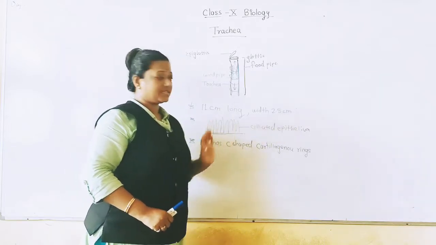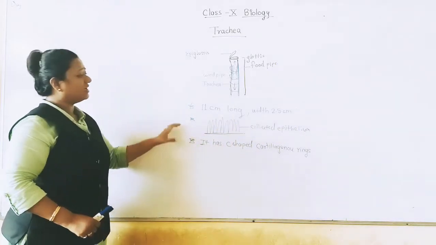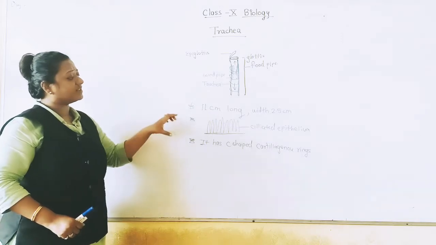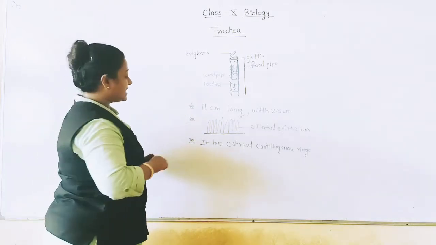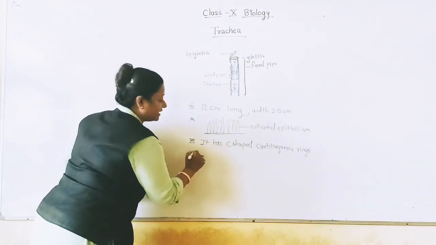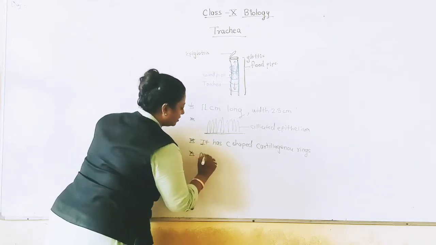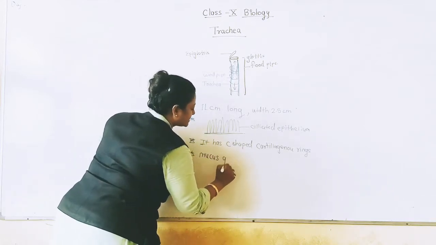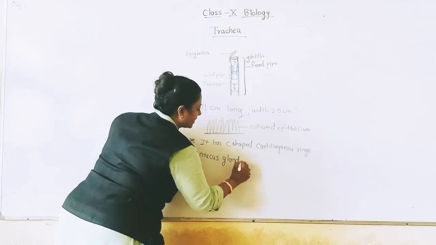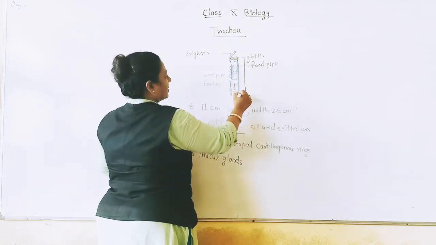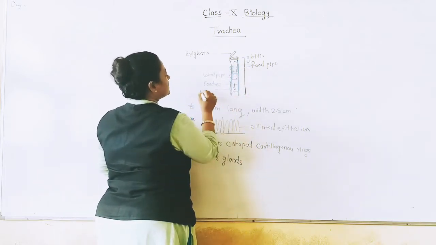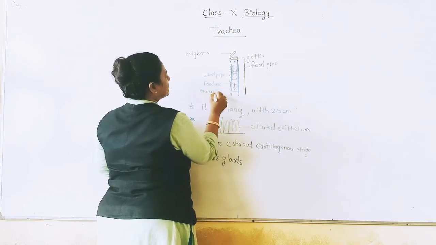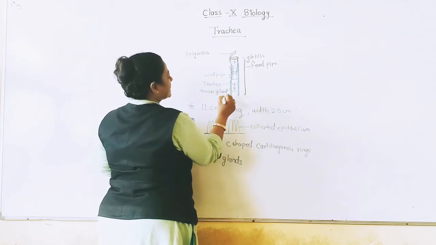And the inner wall has a ciliated epithelium, as well as mucus glands present inside the trachea. And these mucus glands secrete what?